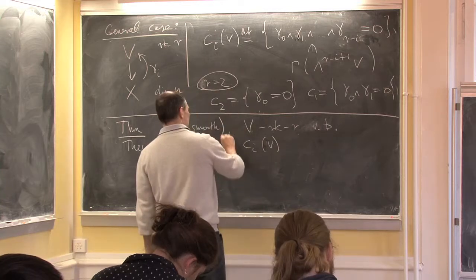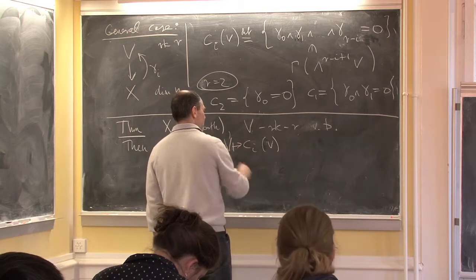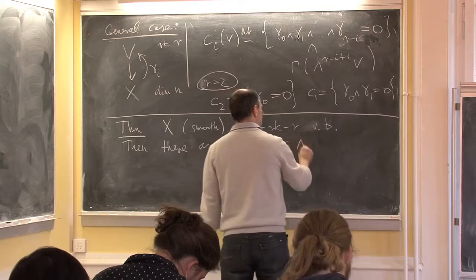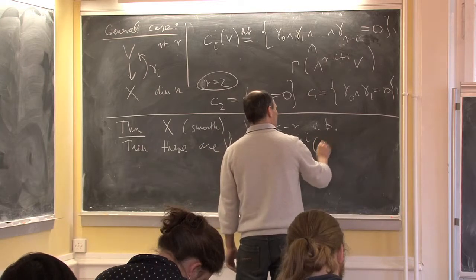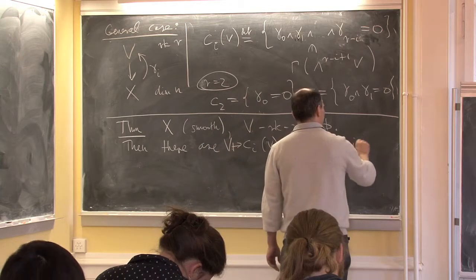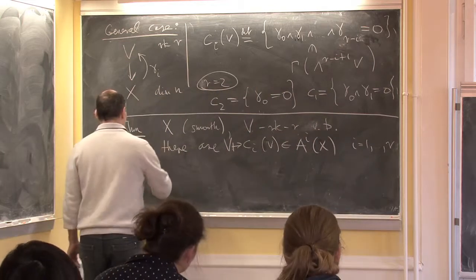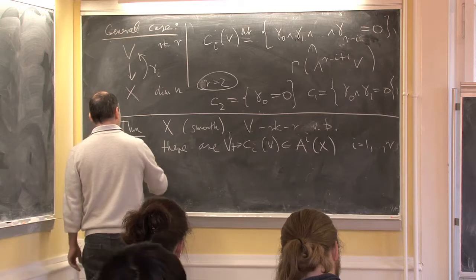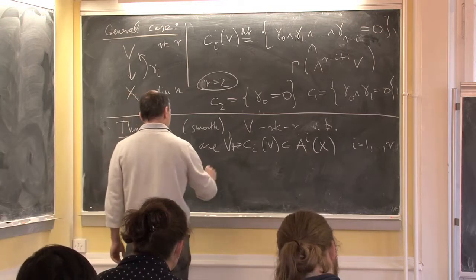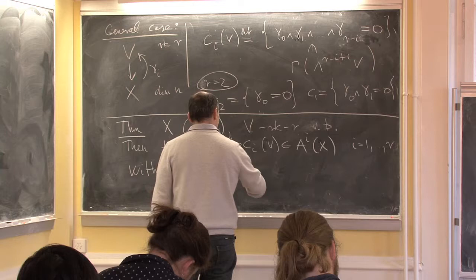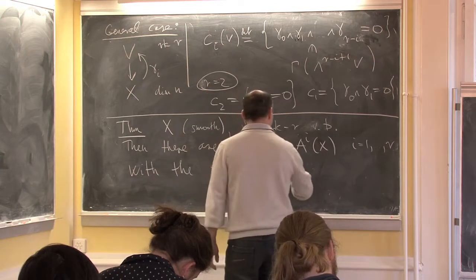So there's a way to associate C_i(V) in A^i(X) for i going from 1 to R with the following properties.